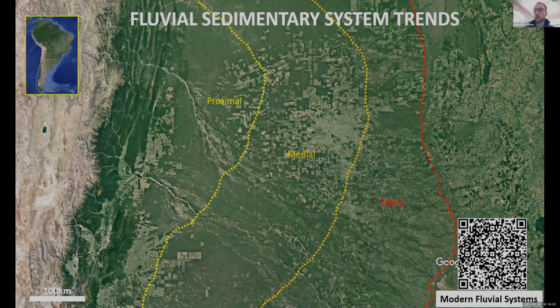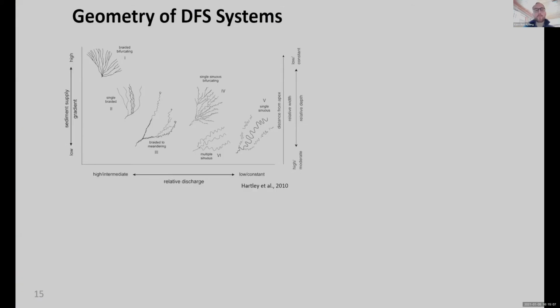And again, there's a QR code there if you want to explore that in greater detail yourself. What I want to stress here is that a lot of these findings are based on observations rather than quantitative data.